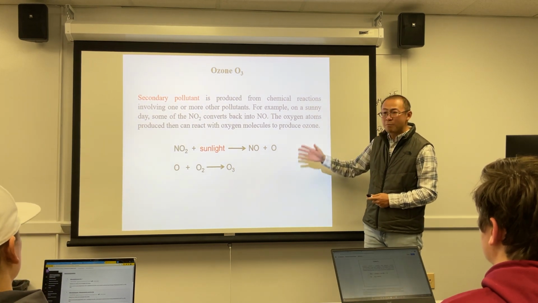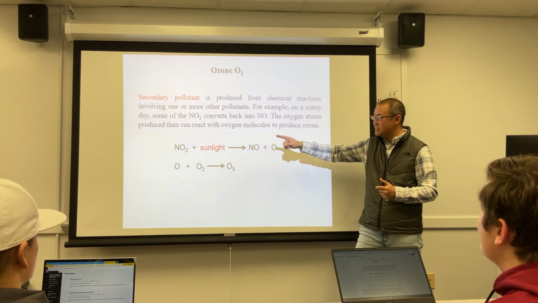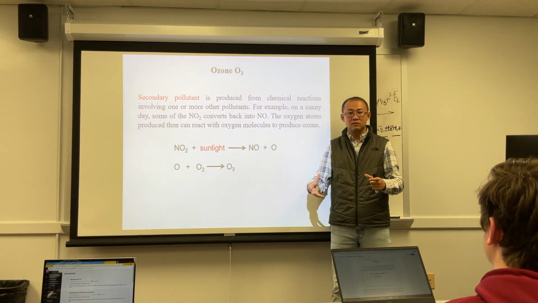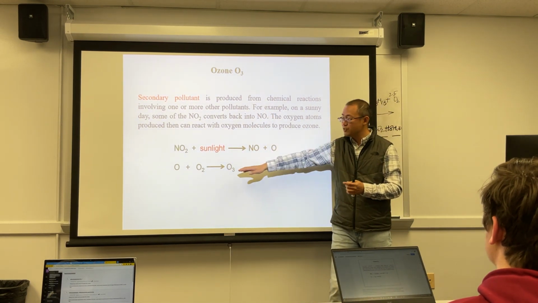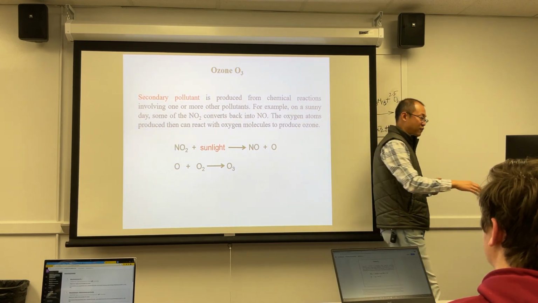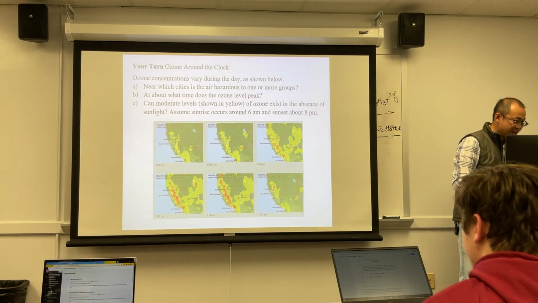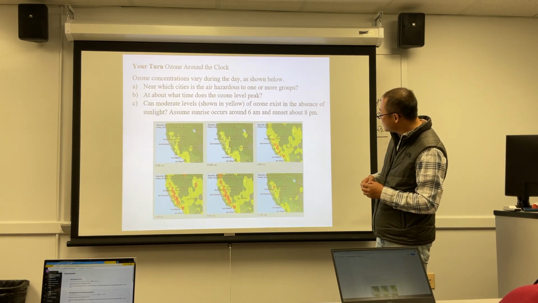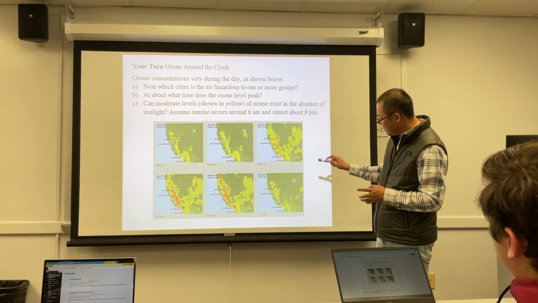Also, ozone formation needs sunlight. Stronger sunlight, you will see ozone concentration higher. For example, as shown in this map, you can see that this is the map of Southern California, the West Coast, Southern Los Angeles.